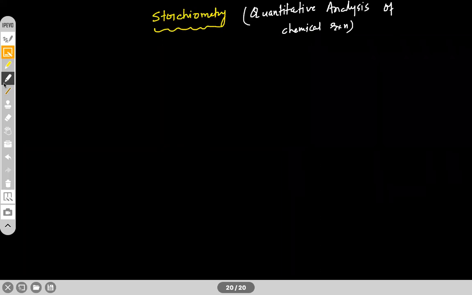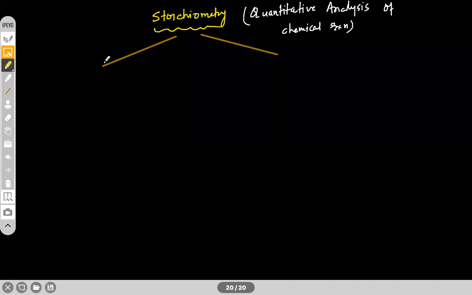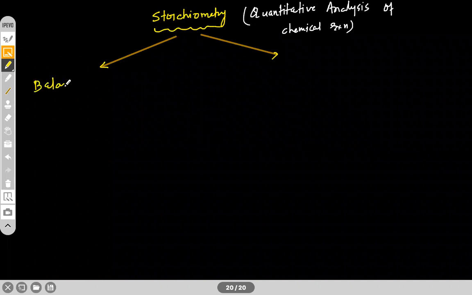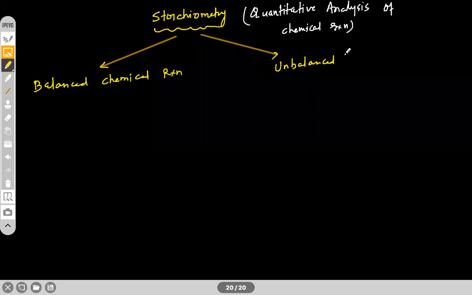When we talk about a chemical reaction, we have two types of chemical reaction, right? And that is balanced chemical reaction, and unbalanced chemical reaction.